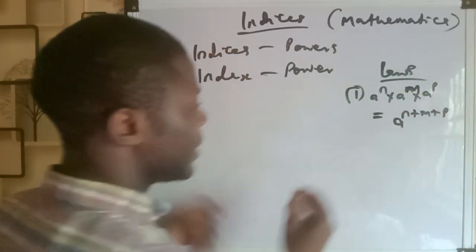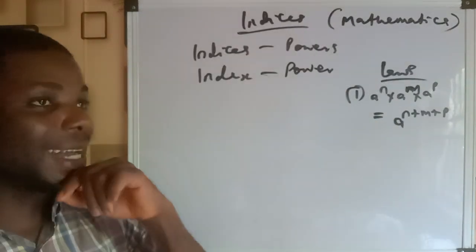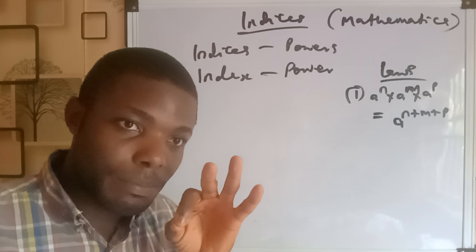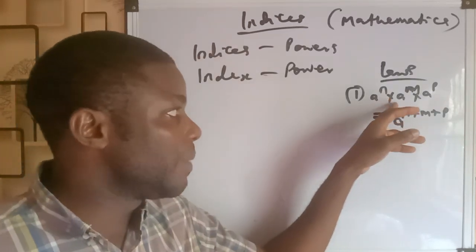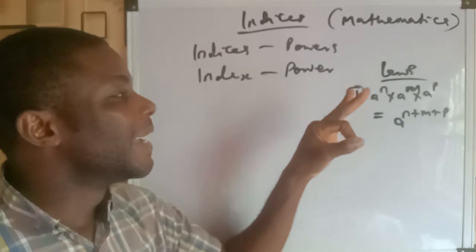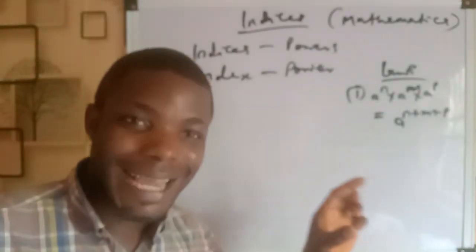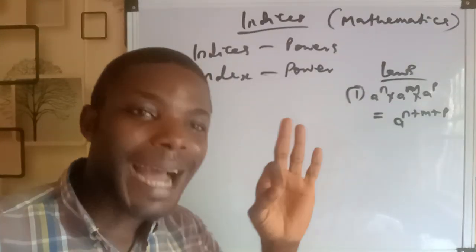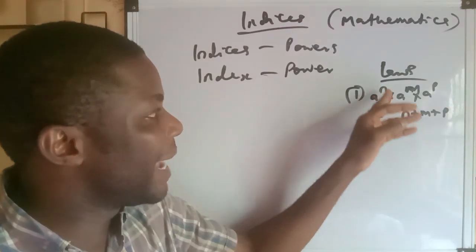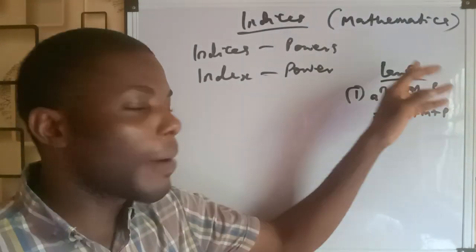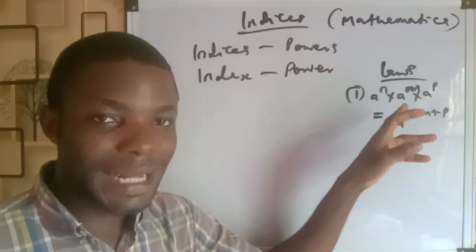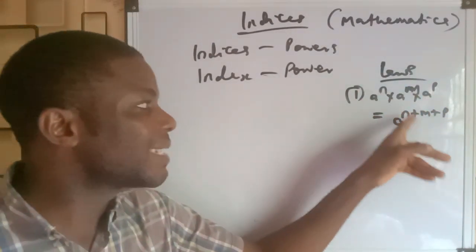So this addition law states that in a multiplication case, when the bases are the same, add the powers, add the indices. As you can see here, a power n times a power m times a power p, the bases a are the same, but the powers are not. So you add the powers.